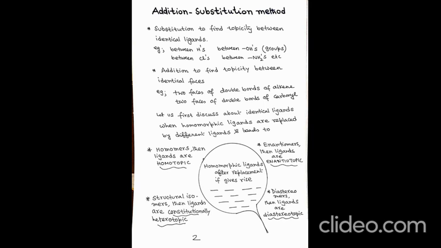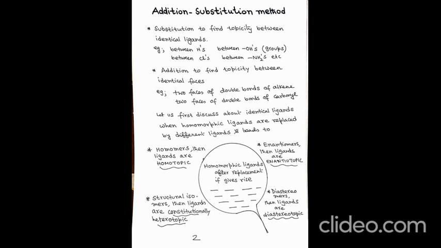When we try to find out the topic relationship between homomorphic ligands, we have to apply substitution, and when we try to find out the topic relationship between homomorphic phases, we have to apply the addition method. First let us consider the substitution which we are going to apply to find out the topic relationship between the ligands.